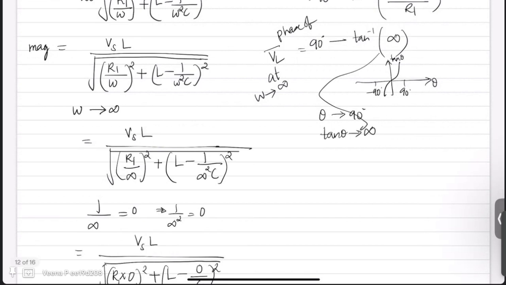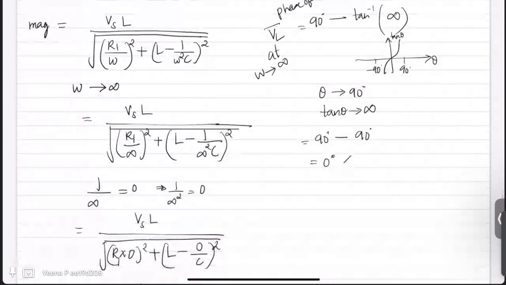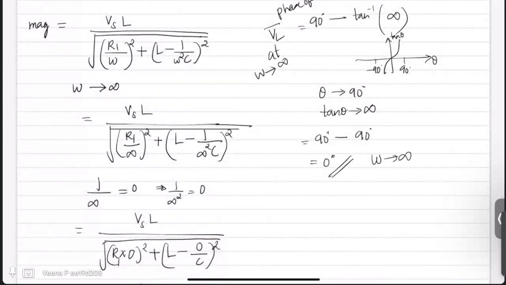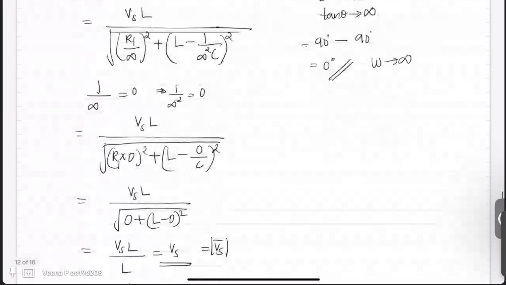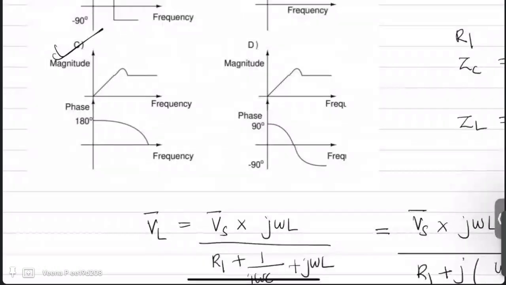That means tan inverse of infinity is nothing but 90 degree. So this becomes 90 degree minus 90 degree, or 0 degree, which is the phase as omega tends to infinity. So we got the magnitude as a constant and phase as 0. Let us see whether it is obeying our option C. For option C, as omega tends to infinity, your magnitude is a constant and phase is 0 degree. So that verifies our answer. So option C is correct.